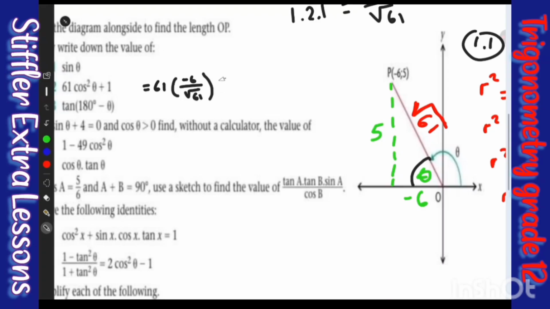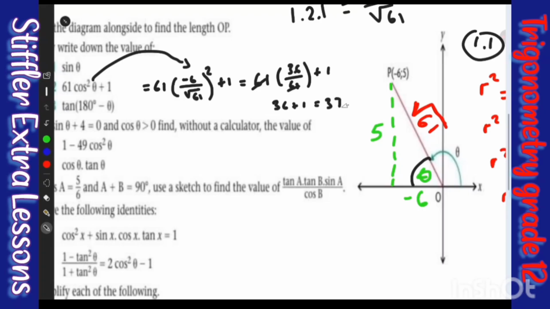And then they said plus 1. So this is having a square because this is cos squared, right? So what do we do now? It means that we are going to square this. So this becomes 61. If we square that, we are going to get 36 over 61. And then plus 1. So 61 and 61 will cancel out and we have 36 plus 1, which is 37.